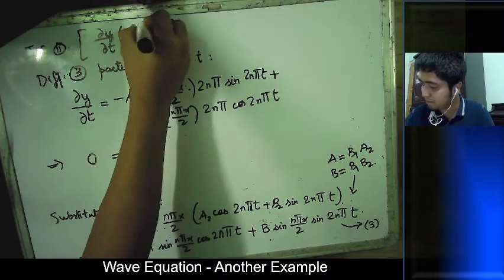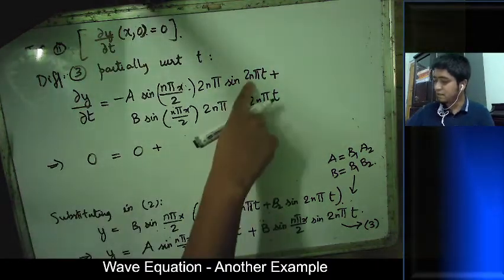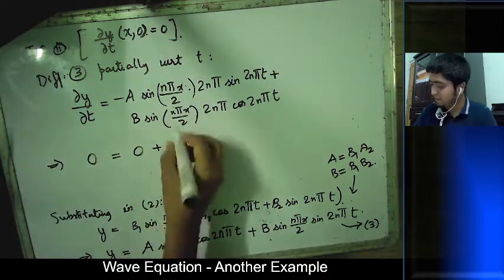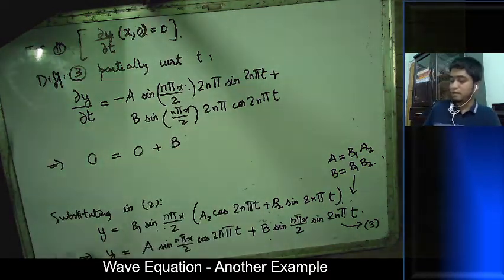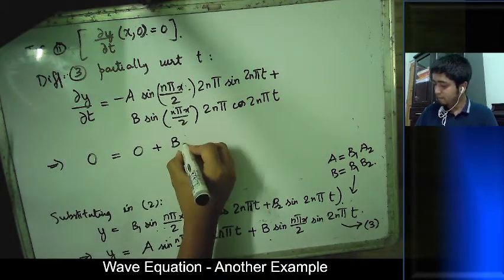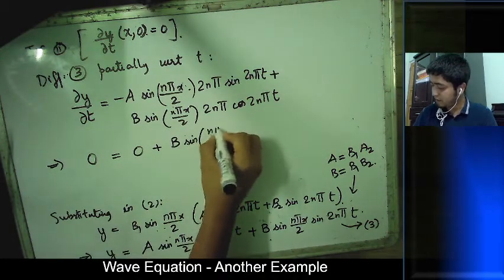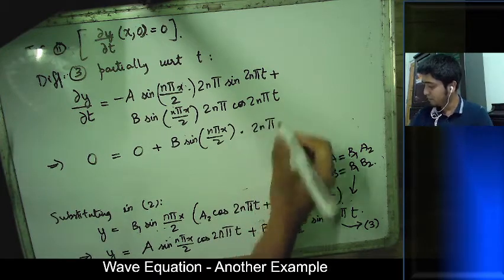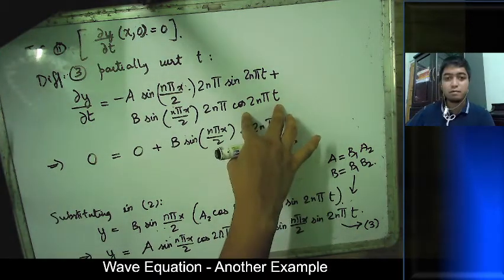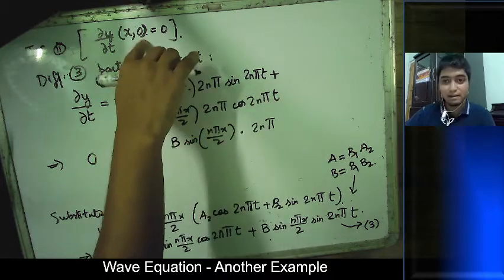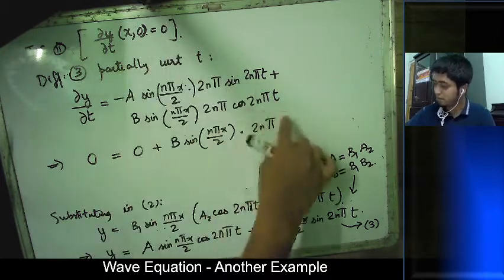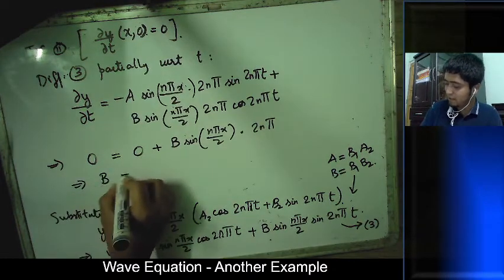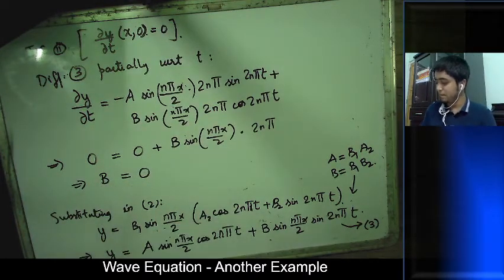So sine 0 again is 0, and over here will be b sine n pi x by 2, then you are having this constant 2 n pi cos 0. Since the value of time is equal to 0, cos 0 is equal to 1, so you'll be having this, which gives us that b is equal to 0.